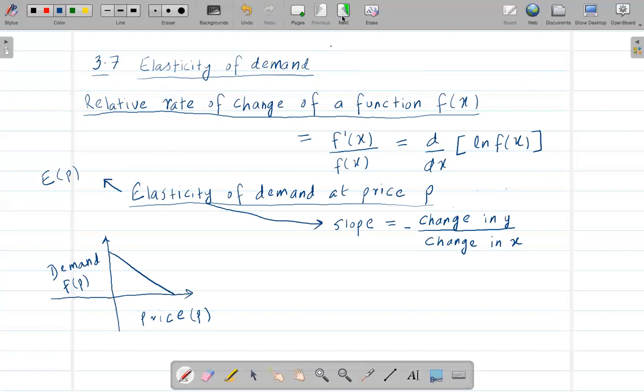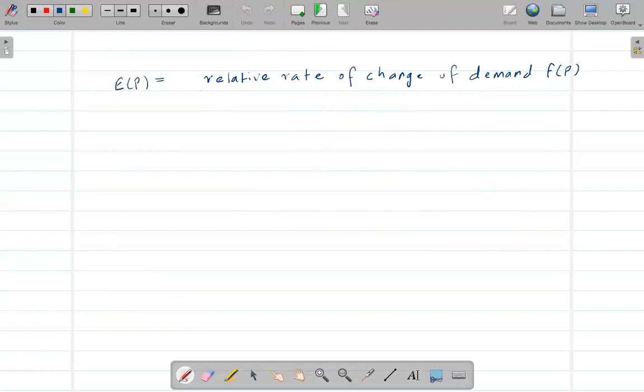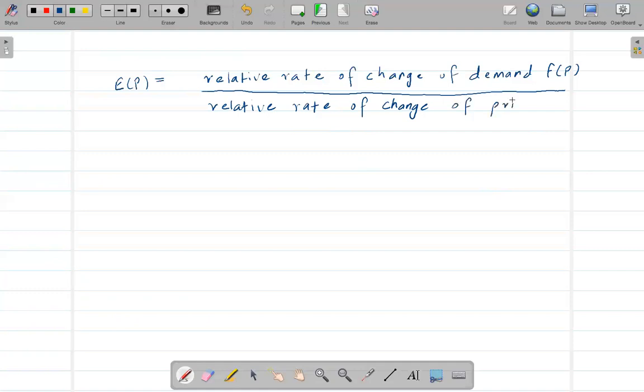Okay, and divide this by the same thing, relative rate of change of price.